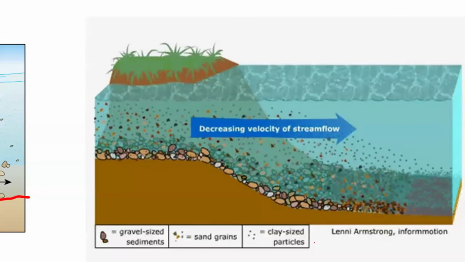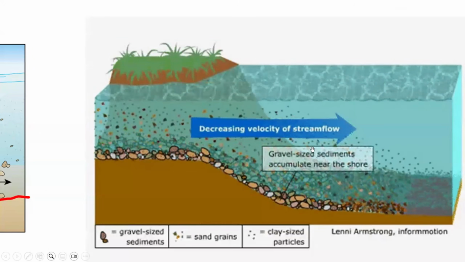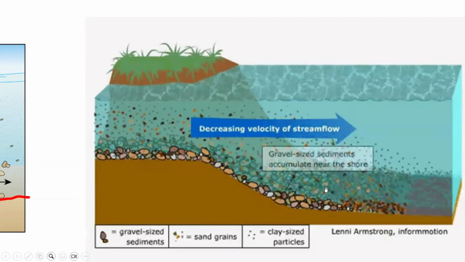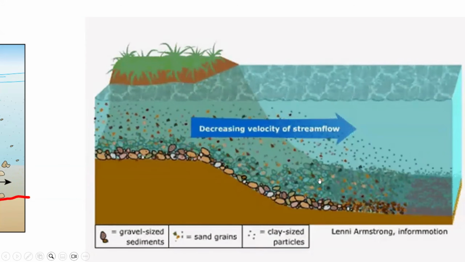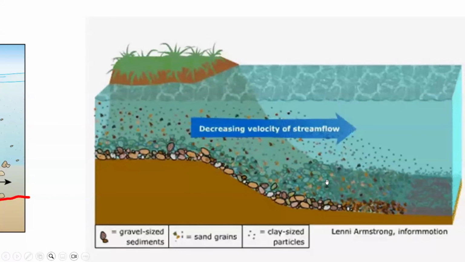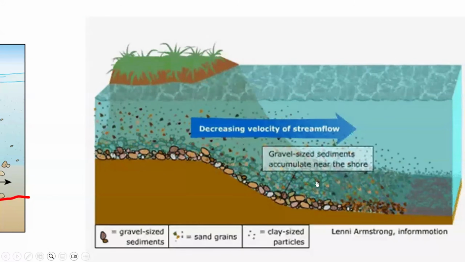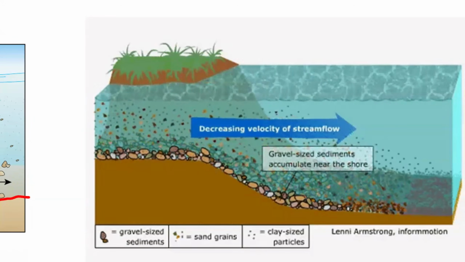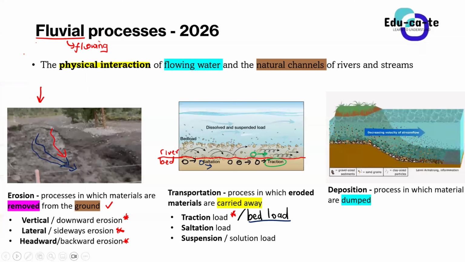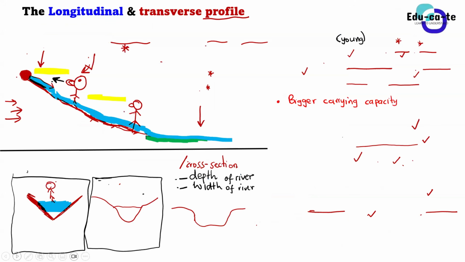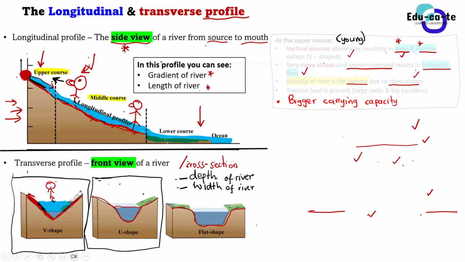We were saying that if the river continues to deposit, this deposited material will accumulate at the bottom of the river in such a way that the river will not become that deep. That's what we were saying. Okay, so that is the deposition process that is dominant at the lower course.